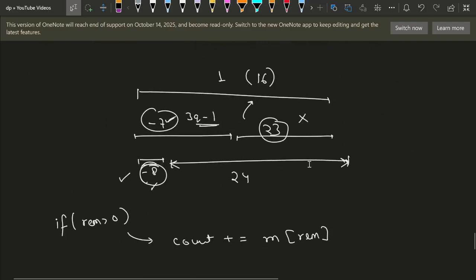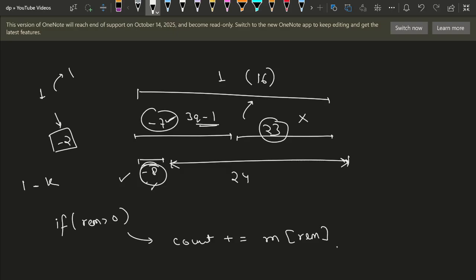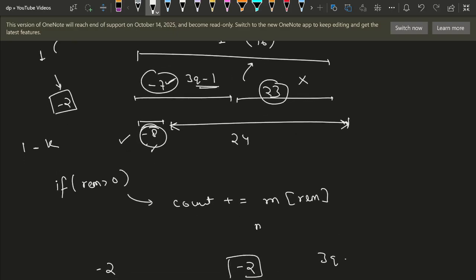And if your remainder is positive, for 1 you need to check for 1, but you also need to check for minus 2. So how do you get minus 2 from 1? 1 minus k, so rem minus k. Similarly for 2, you will check for 2 as well as for minus 2.